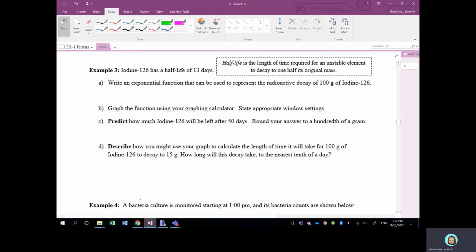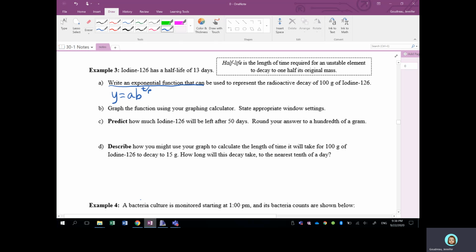Here's our first one. Iodine 126 has a half-life of 13 days. So even in this quick little sentence, we already know two of our parameters for our exponential function. Part A, write the exponential function that can be used to represent the exponential decay. So y equals a times b to the t over p.